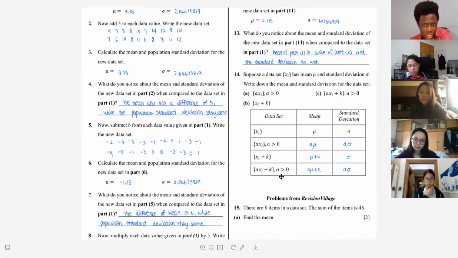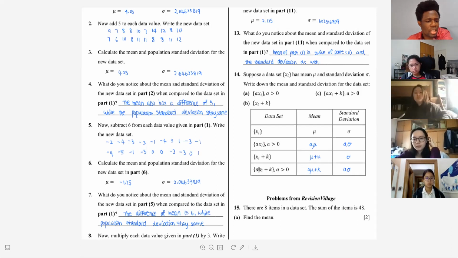Understand? And this is just a combination of two properties. If each of the data set is multiplied by a constant A and then K is added, when it is multiplied, it affects both the standard deviation and variance. But when K is added, only the mean is increased by K. Does that make sense, everyone?